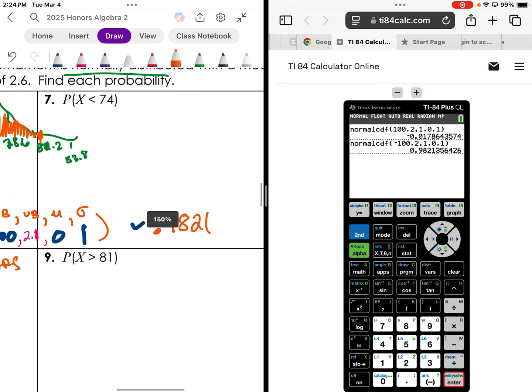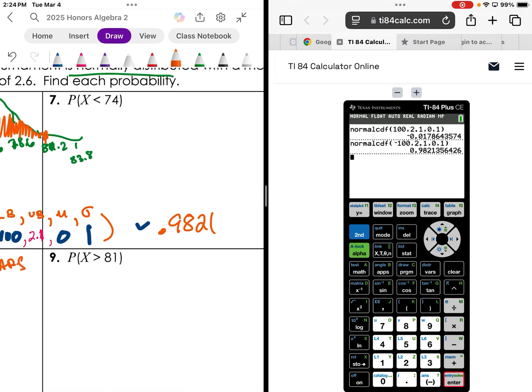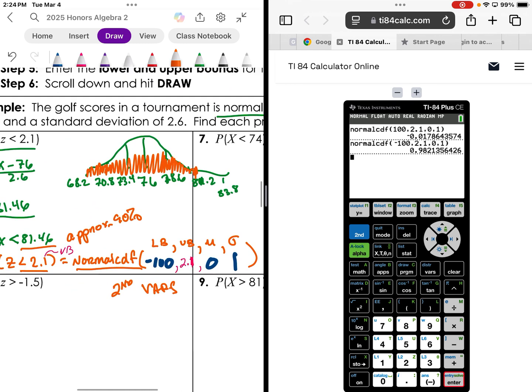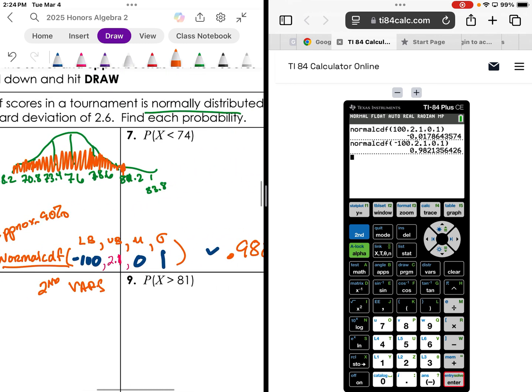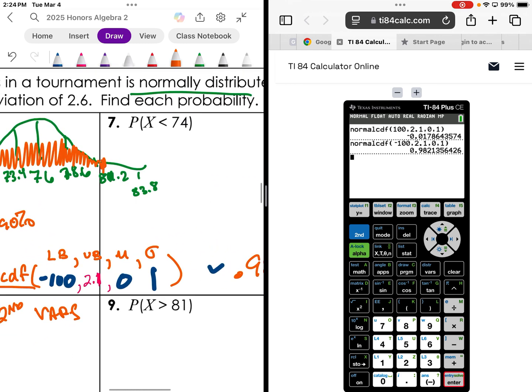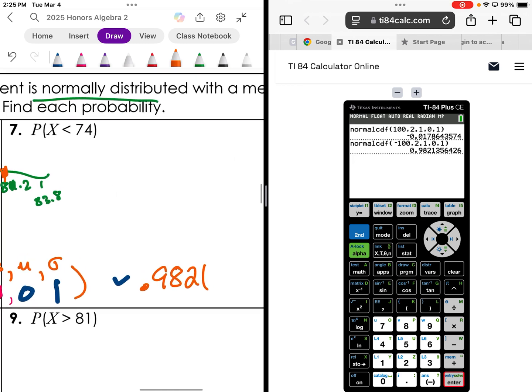Now, notice on problem number 7, instead of using a z-score like the first one, they ask: what's the probability that it's less than 74? So it's not z-scores. Well, we can use the same feature for this problem.